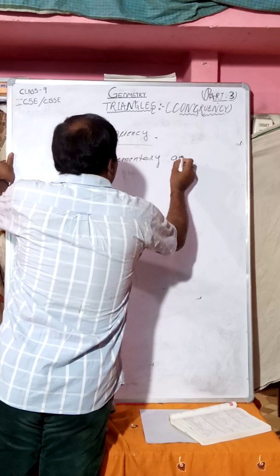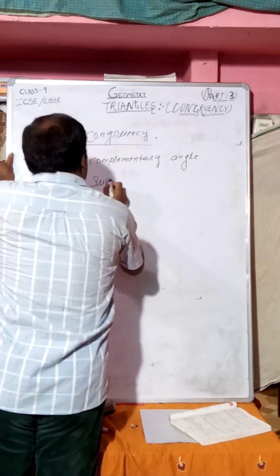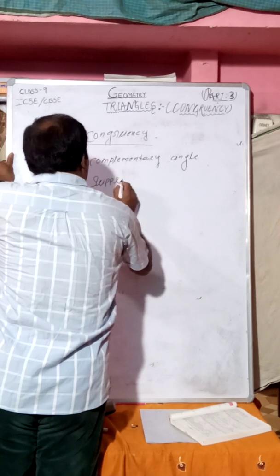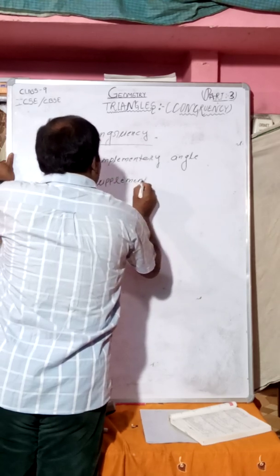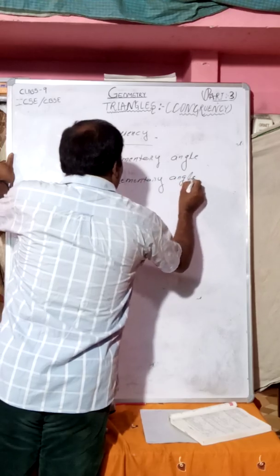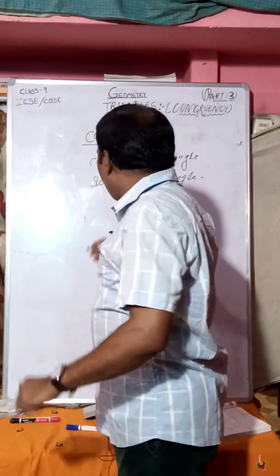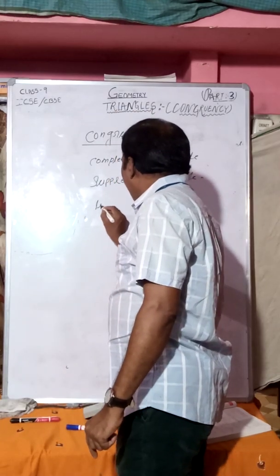Complementary angle, supplementary angle and linear pair. Two small things: complementary angle, supplementary angle and linear pair.